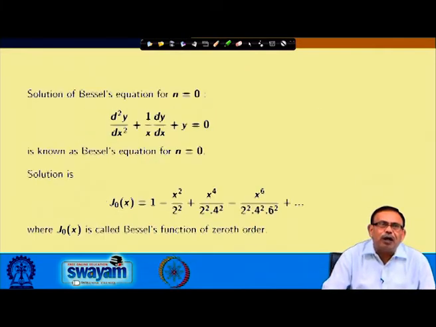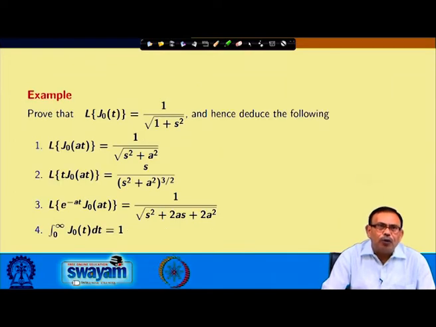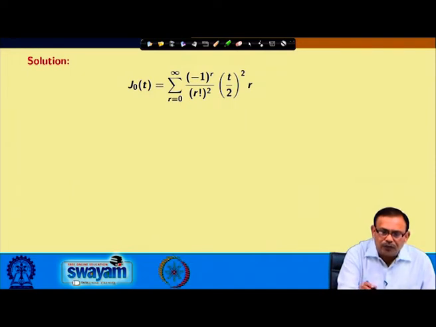That is why I told you what J_0(x) and J_n(x) are: J_0(x) is the Bessel function of order 0, and J_n(x) is the Bessel function of order n. One by one we want to prove these. Let us see this.